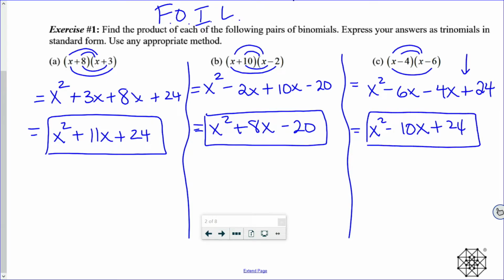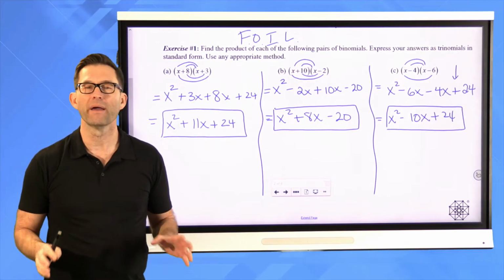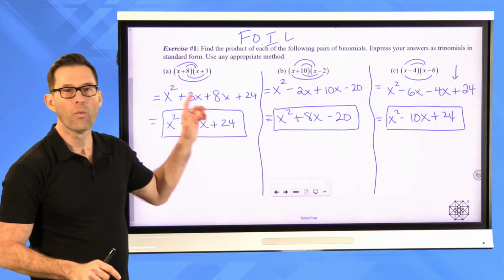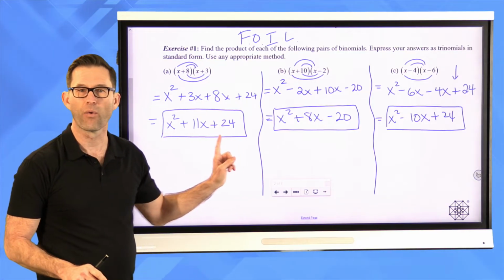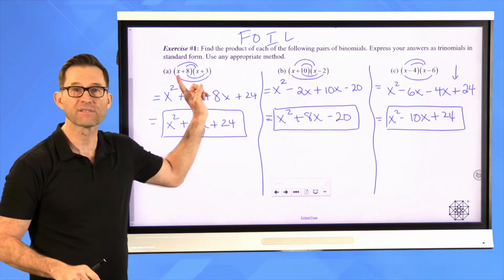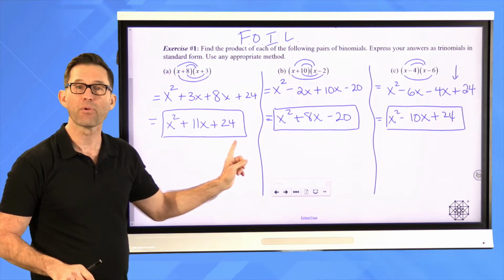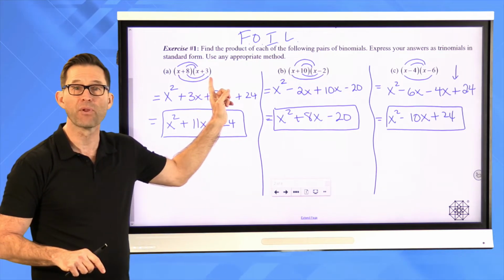Now again, before we move on, I really want to emphasize something about multiplying two binomials together. When I look at the final answer, x squared plus 11x plus 24, that x squared comes from only one thing: the x times the x. And that plus 24 comes from one thing, the plus 8 times the plus 3.